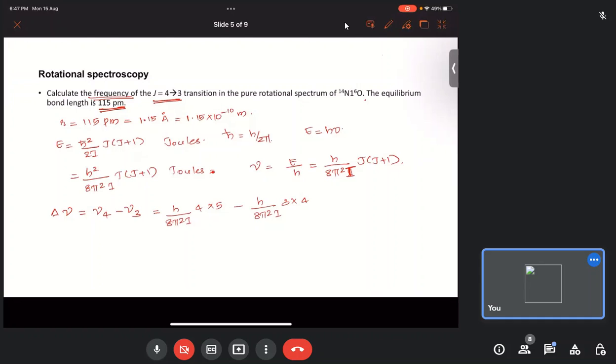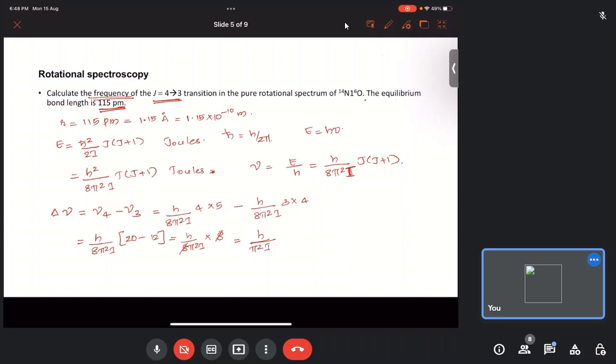We can take h by 8 pi square I in common, and it will be 20 minus 12, which is 8. So h by 8 pi square I into 8, we can just cut off the 8, and it will be h by pi square I.